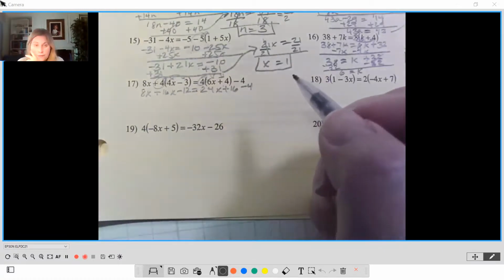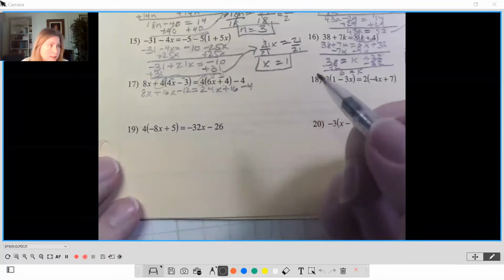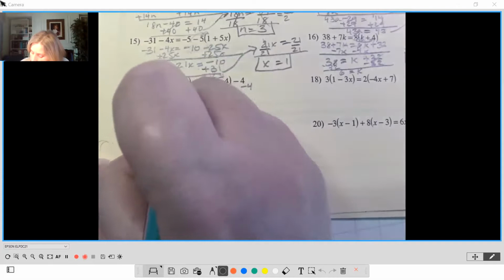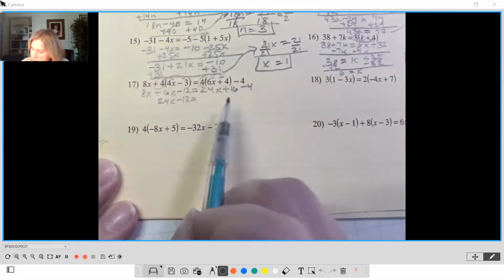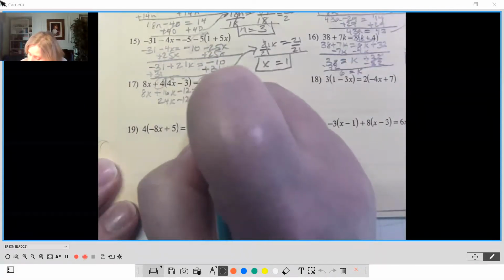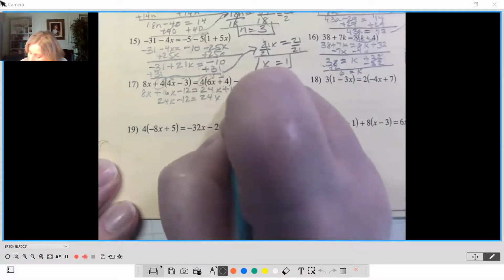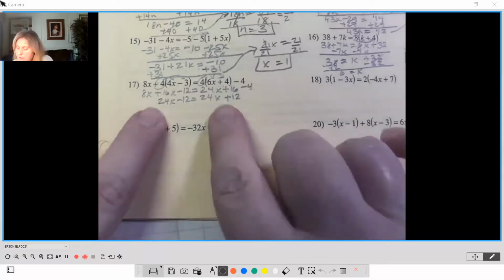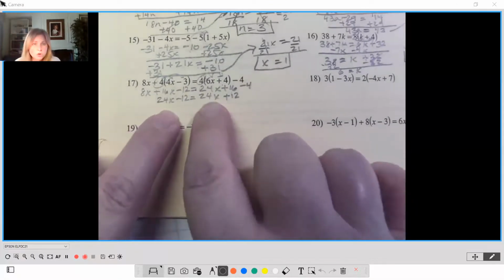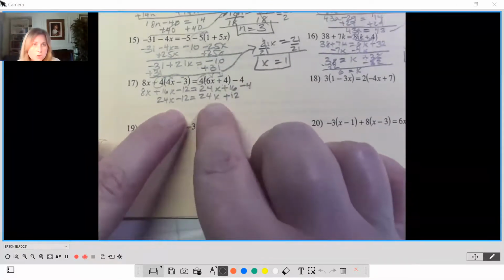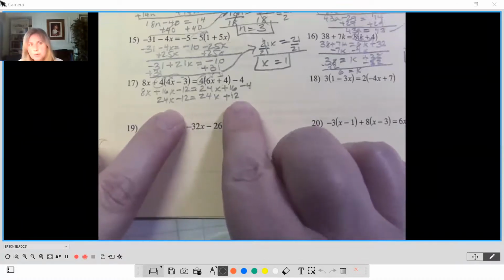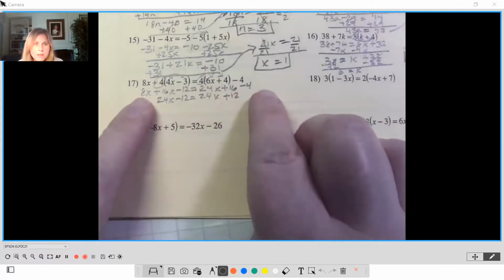And then on the left-hand side, 8x plus 16x is 24x minus 12 equals 24x plus 12. And I'm just double checking my math because I'm noticing this is probably a no solution, because 24x minus 12 would never equal 24x plus 12. So I'm noticing it's probably no solution, but I am just going to go back and double check.